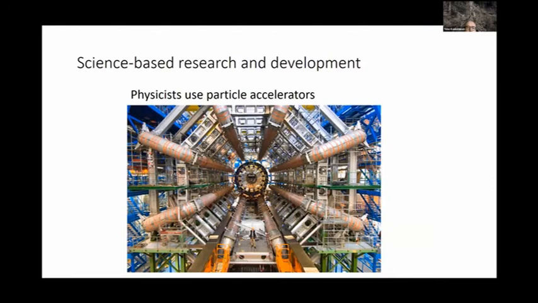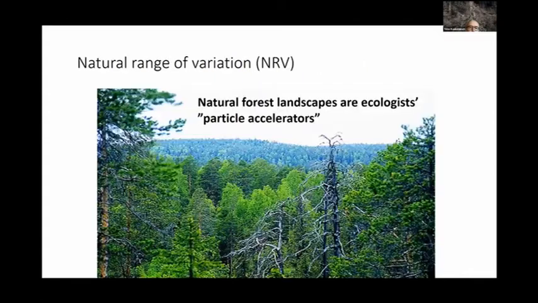And I have said that forest ecology should be science-based research and development. For example, the physicists use particle accelerators, very expensive devices. But for forest ecologists, the particle accelerators are the natural forest landscapes. They are really valuable from that point of view. Invaluable, in fact.